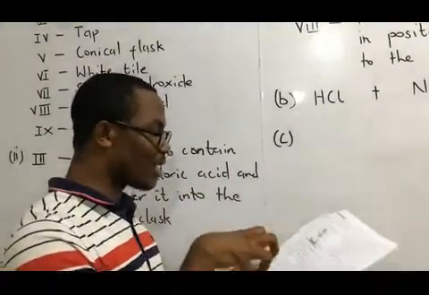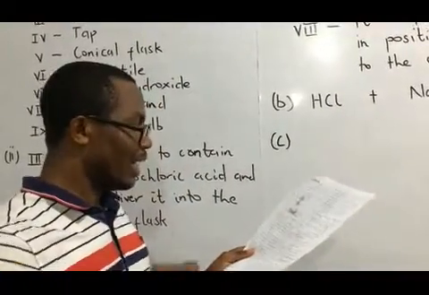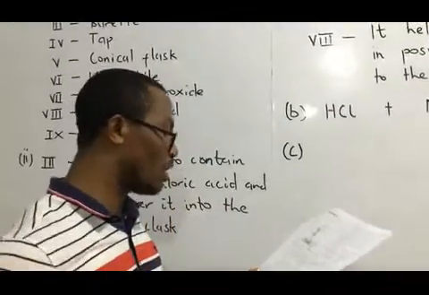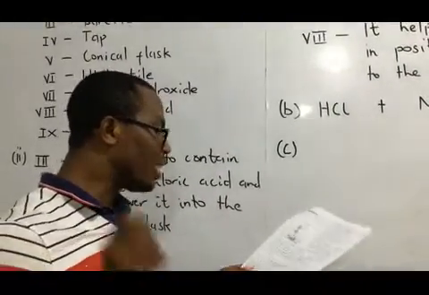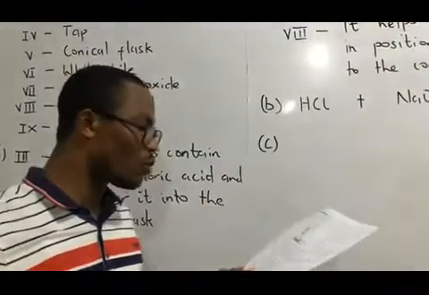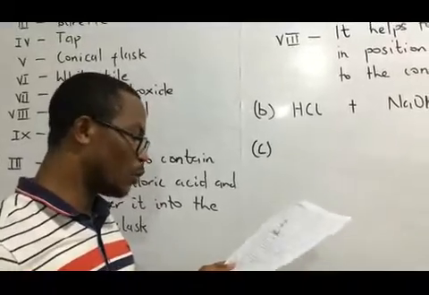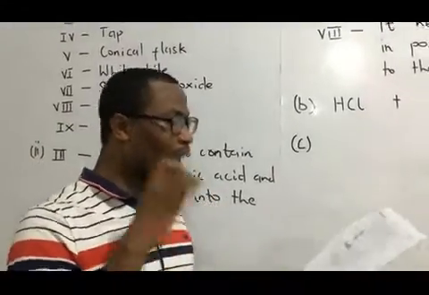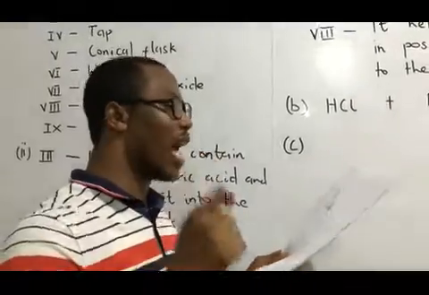Now, question C is asking that if the volume of the acid used in the titration is 28.0 cm cube, you should determine the moles of the sodium hydroxide in 100 cm cube of the sodium hydroxide solution.